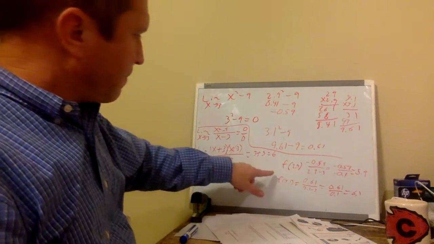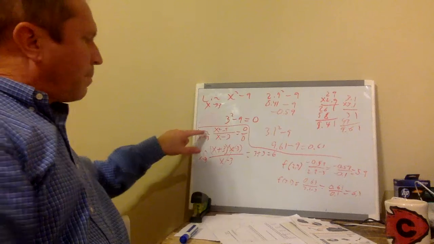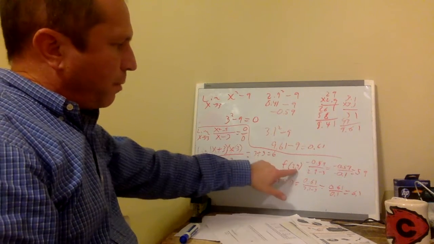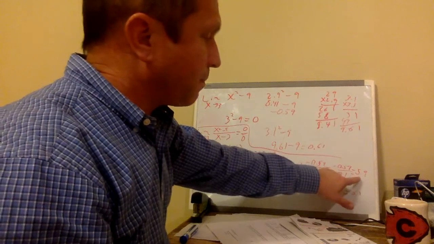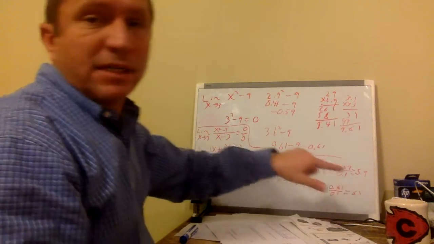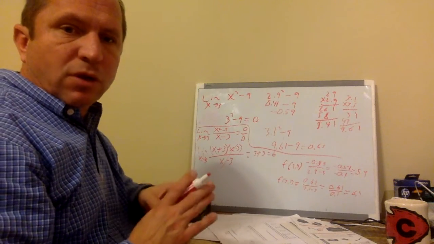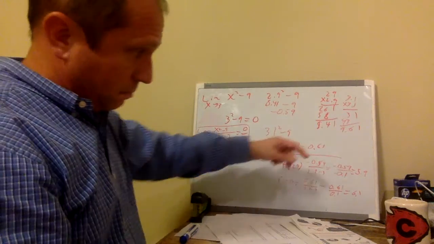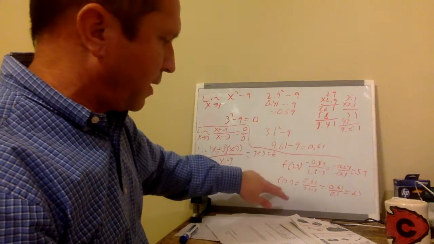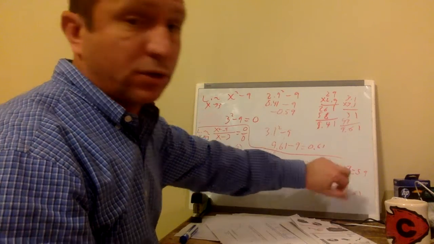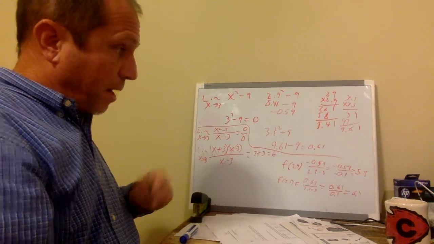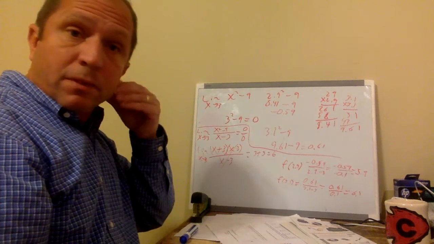So see, even though when I plugged in 3, I got 0 over 0, when I plugged in two numbers that were really close to 3, I didn't. But I got 5.9, I got 6.1. Those numbers are close to each other. And you would see as you plugged in 2.99 and 3.01 that you'd get two numbers that were even closer to positive 6 than that.